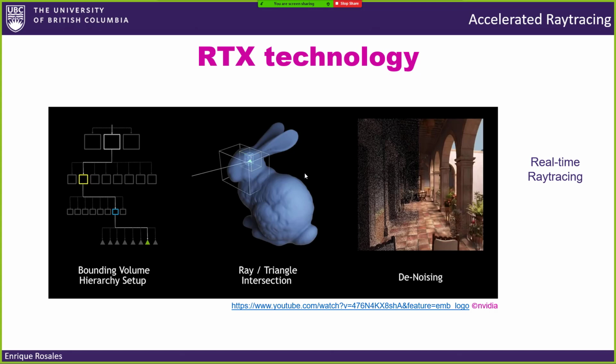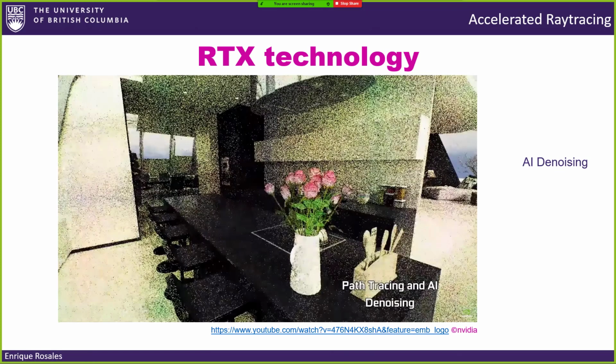But they have another trick behind the curtains, which is denoising. That is probably the most important thing they do, and this could be a bit disappointing, because in the end they are not really doing a complete path tracing.